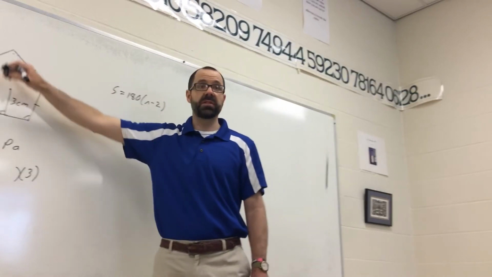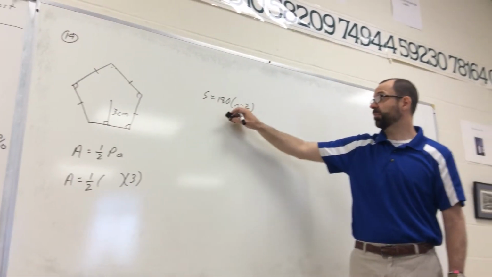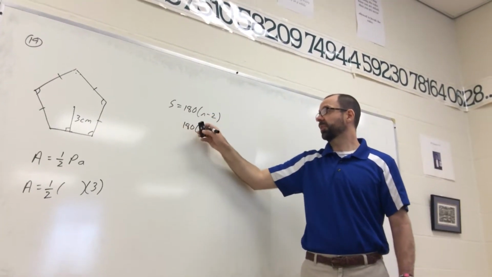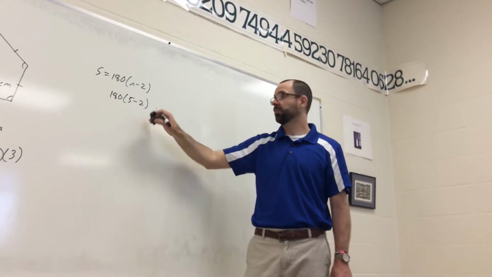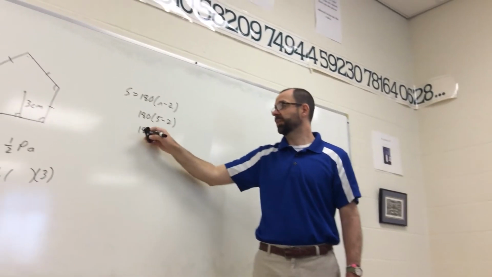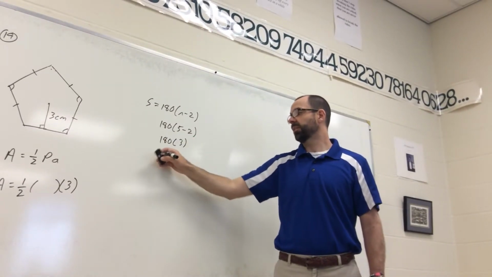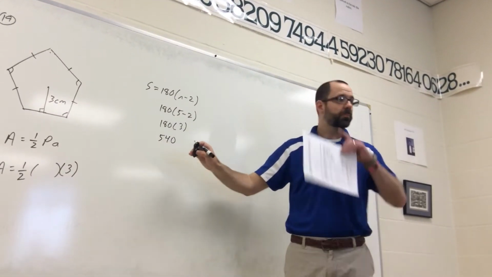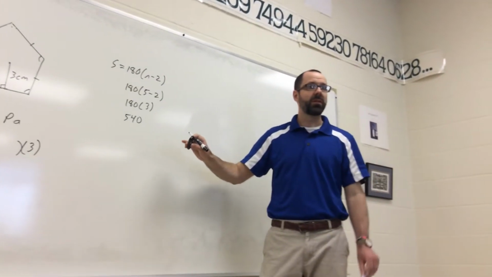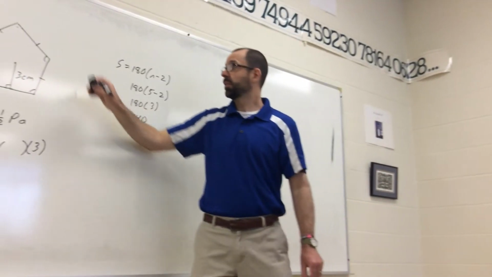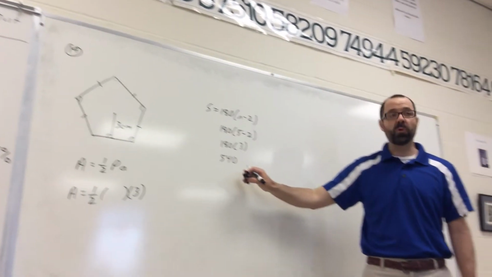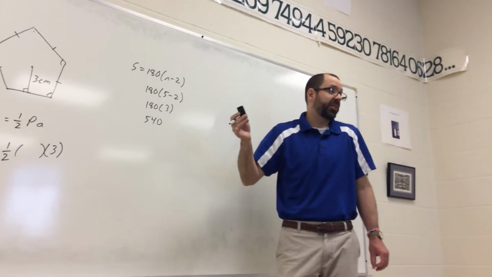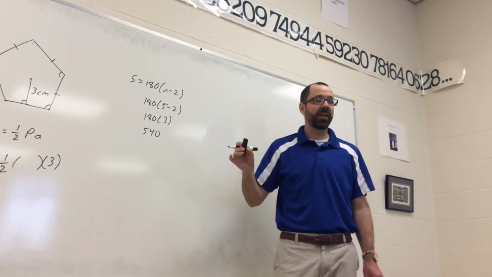In this case, this is a pentagon, so it has 5 sides, so we'll put a 5 in for n. So 180 times 5 minus 2. 5 minus 2 is 3, so you just take 180 times 3, and 180 times 3 comes out to 540. So this is telling us that all of these angles inside the pentagon add up to 540. And actually, inside any pentagon, the angles would add up to 540.